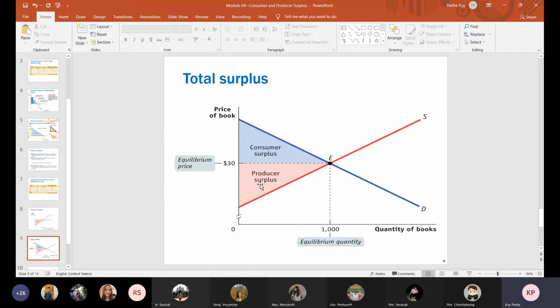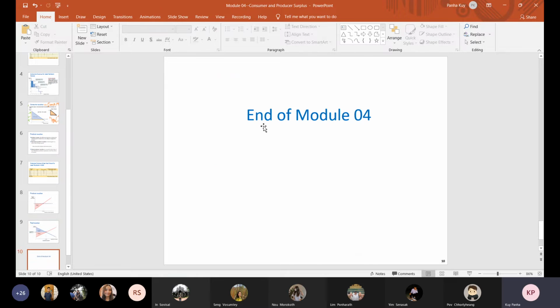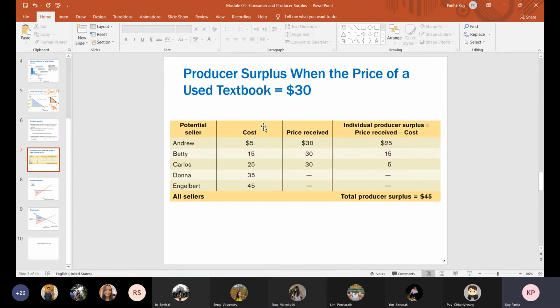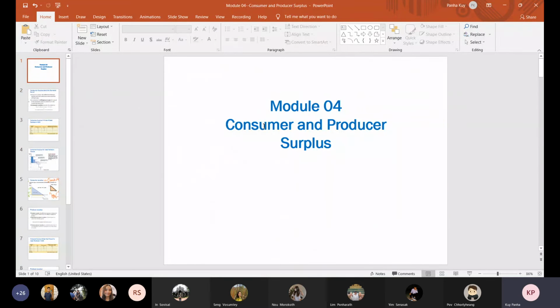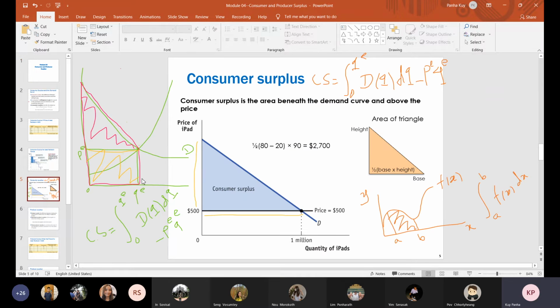You just add these together, and then you can come up with the total surplus, or you can call it social welfare, or some textbooks call it economic well-being. They are the same. So I think we end with module number 4. Any questions for that?